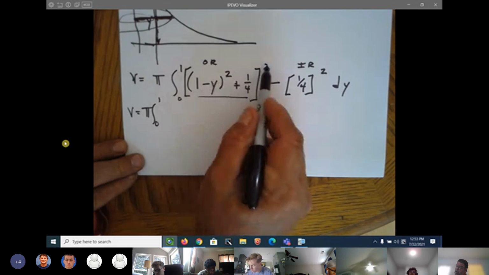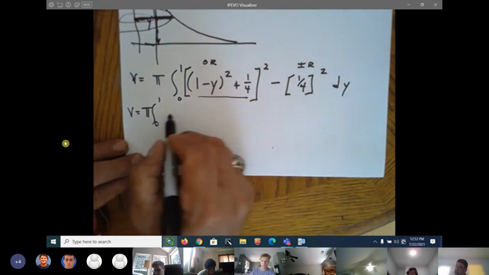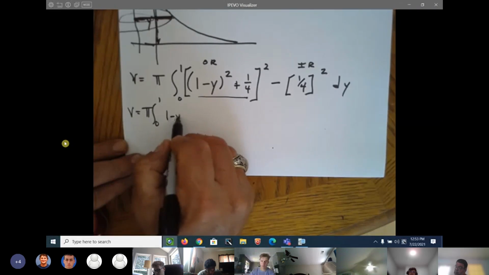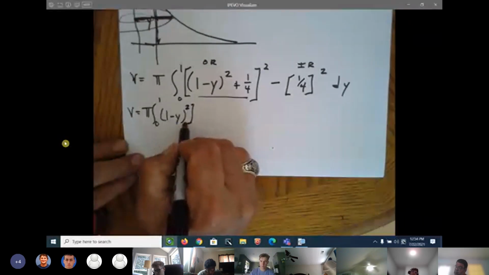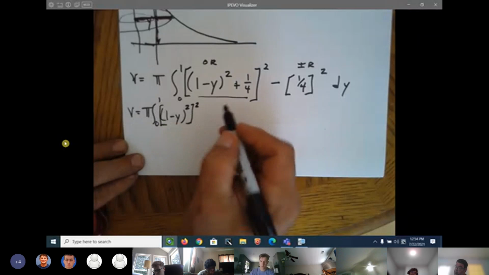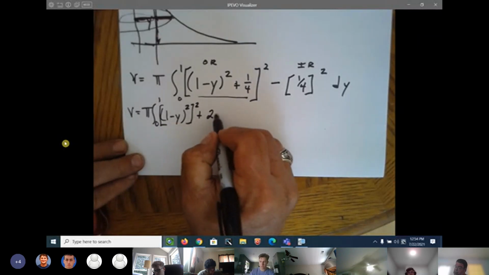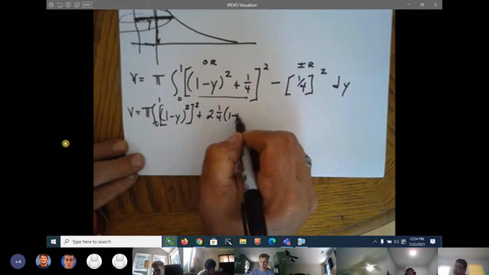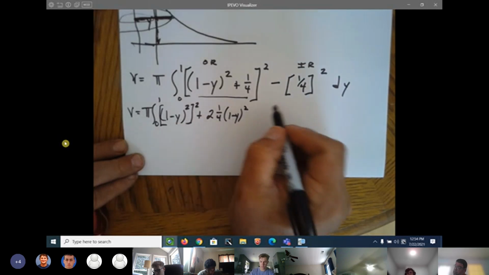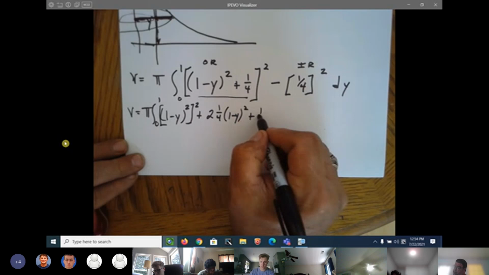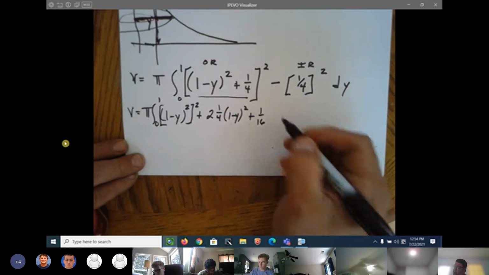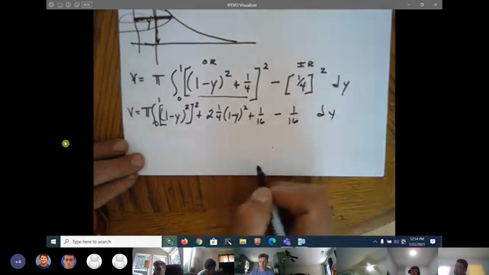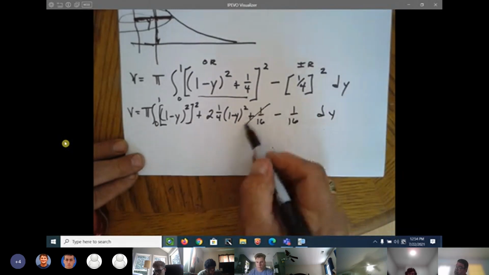A plus B quantity squared is equal to A squared plus 2AB plus B squared minus 1/16. And that goes out.